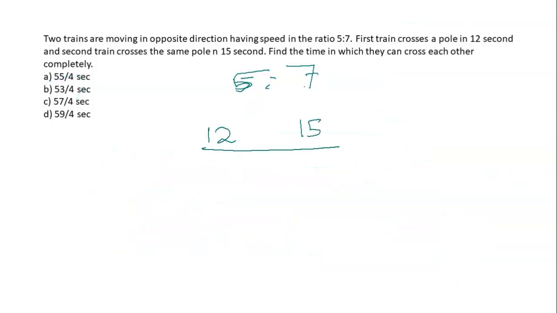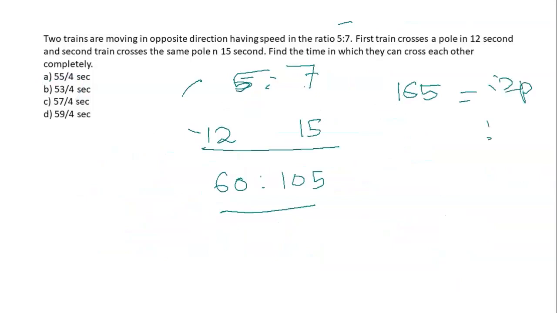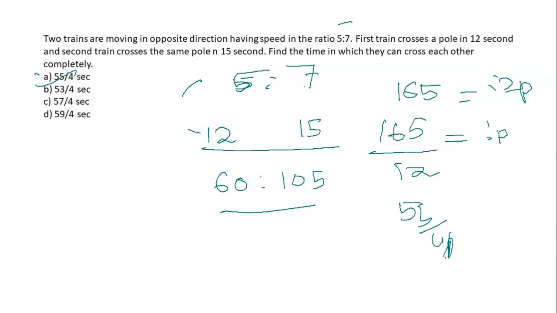So the distance they would go is in the ratio 60 is to 105. Because they're traveling in the opposite direction, it becomes 165, which is equal to 12 parts of the time. So one part is equal to 165 by 12. The answer is 55 by 4. So they cross each other at 55 by 4, which is 13.75.